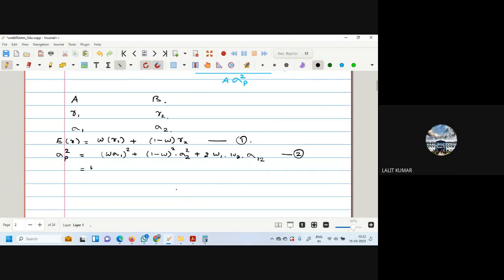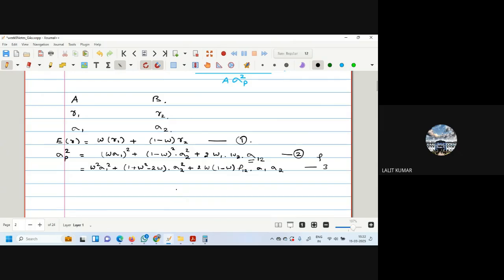We can write it as W square sigma 1 square plus 1 plus W square minus 2W into sigma 2 square, plus 2 into W into 1 minus W. And if you are not given the covariance and you are given the correlation coefficient, this will become correlation coefficient 1, 2 into sigma 1 into sigma 2.